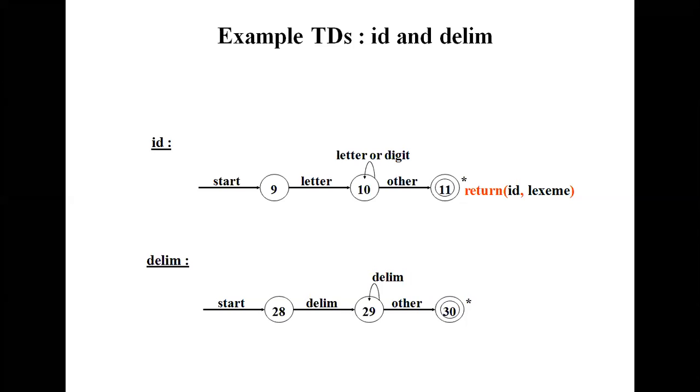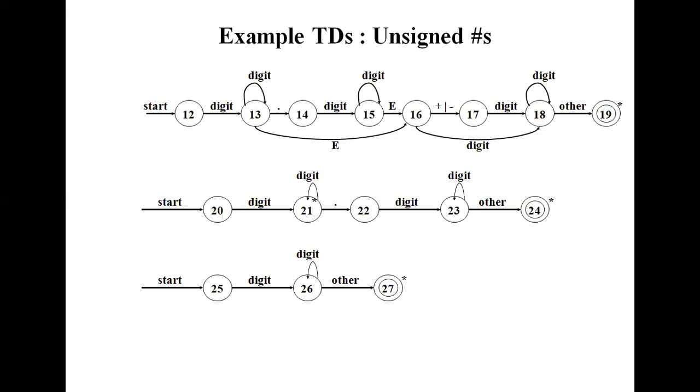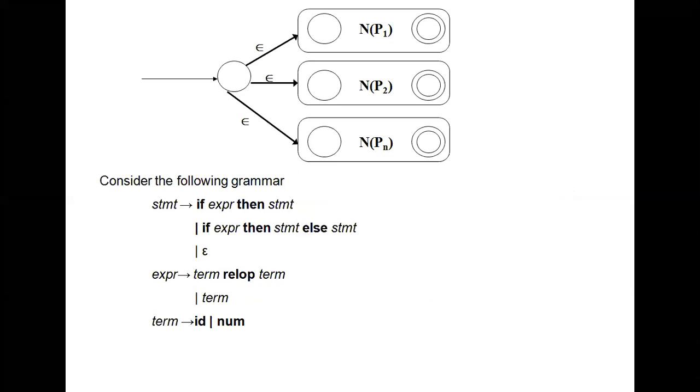Here we have two representations, P2, P3, P4, P5, P6, and so on. Those all come under the pattern representations. That means whatever we are representing in a meaningful manner by using the transition diagrams, there we are naming it as a pattern.